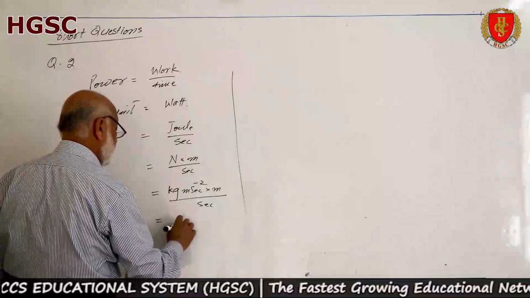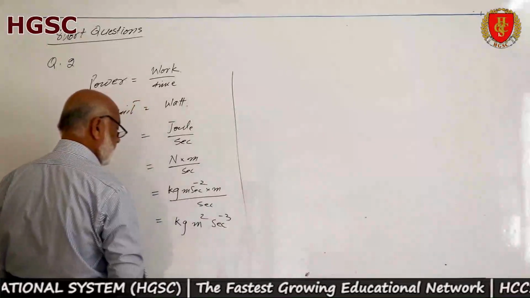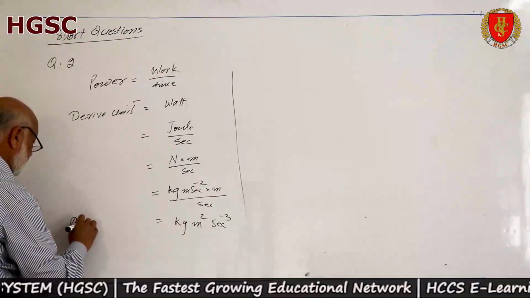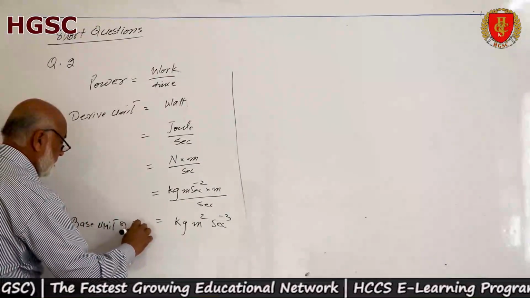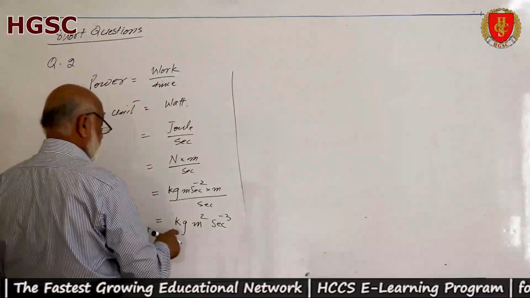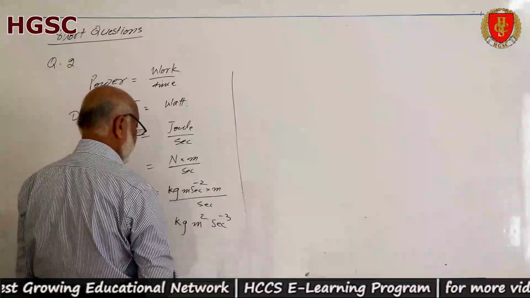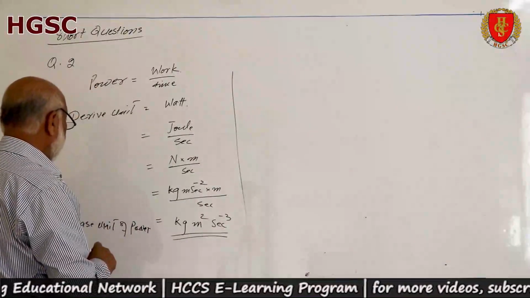So this is kilogram meter square second inverse cube. Kilogram means mass, meter square length and second inverse cube. So this is the base unit of power.